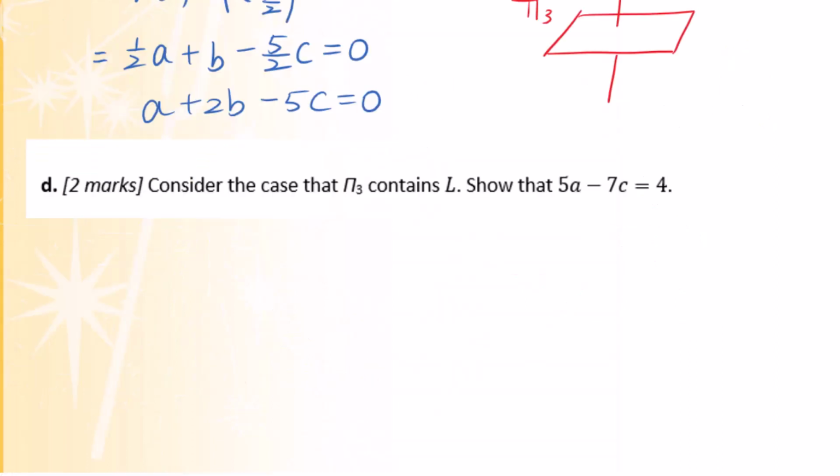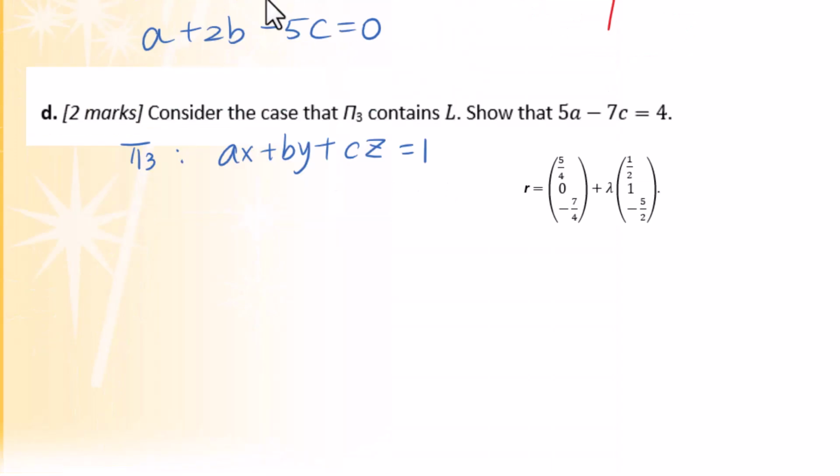Let's go to D. Consider the case that π3 contains L. Show that 5A minus 7C equals 4. If L is on the plane π3, this position vector will be on the plane π3. Now let's do the substitution.